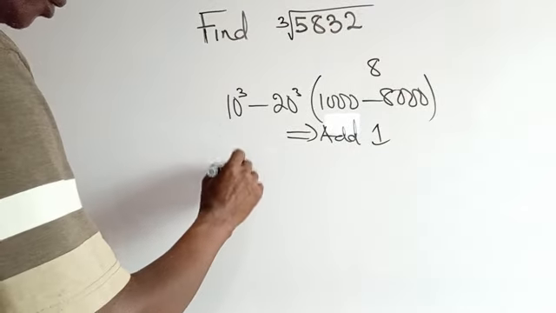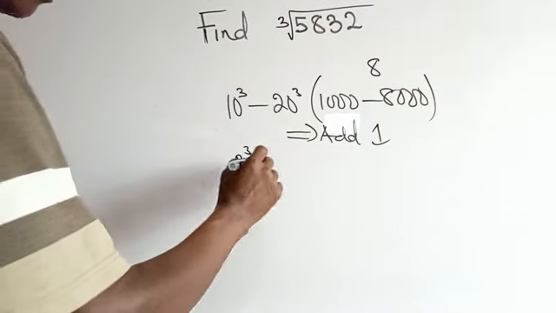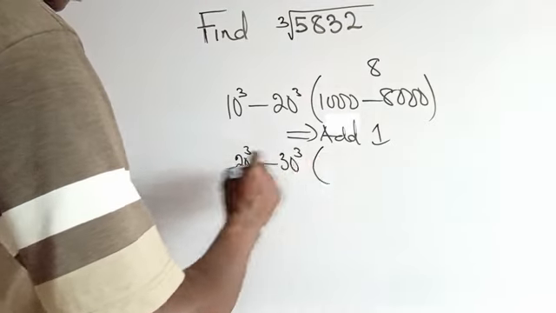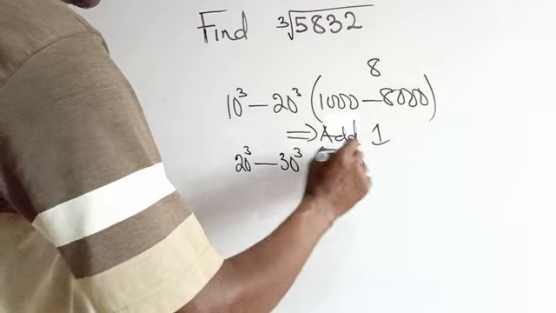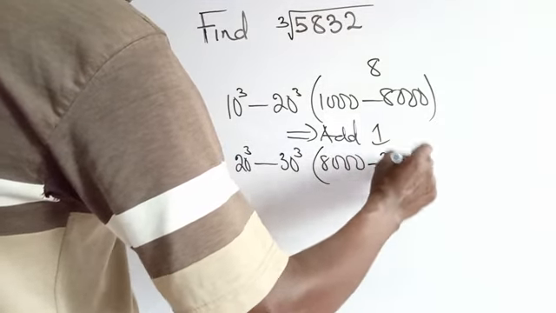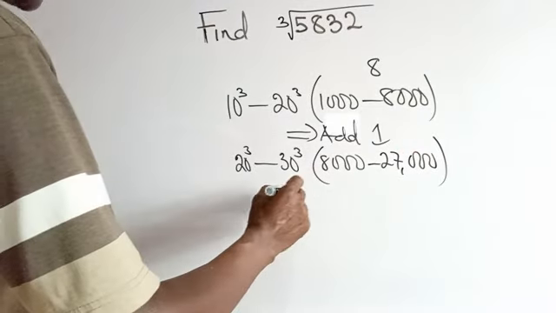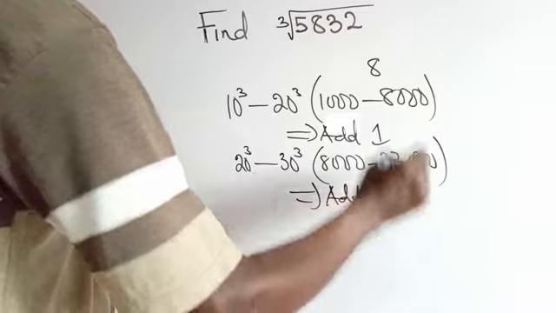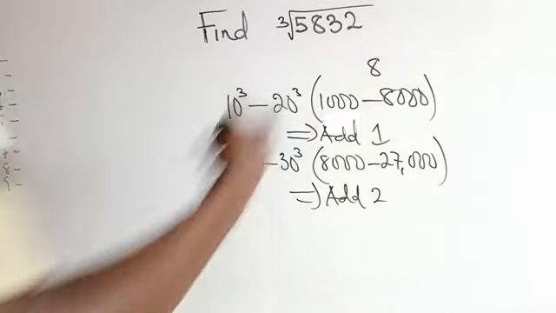If it is between 20 cubed and 30 cubed, which is 8,000 to 27,000, then you add 2 to the last digit.